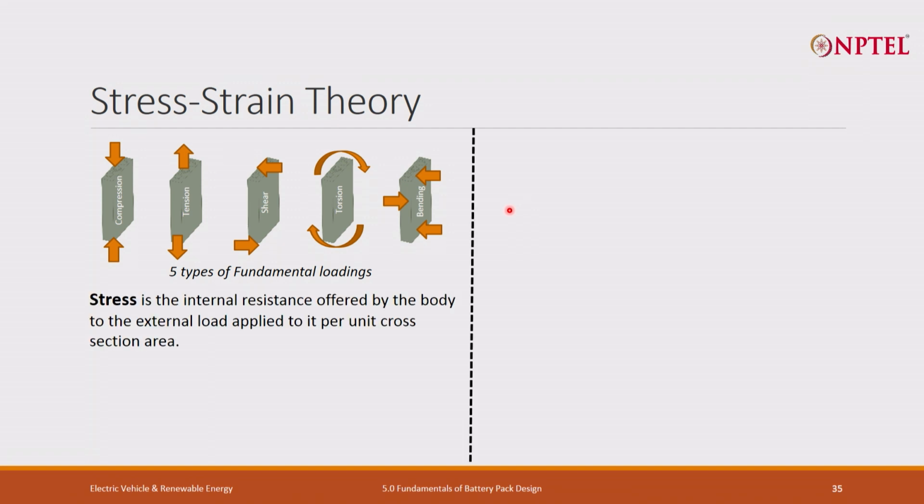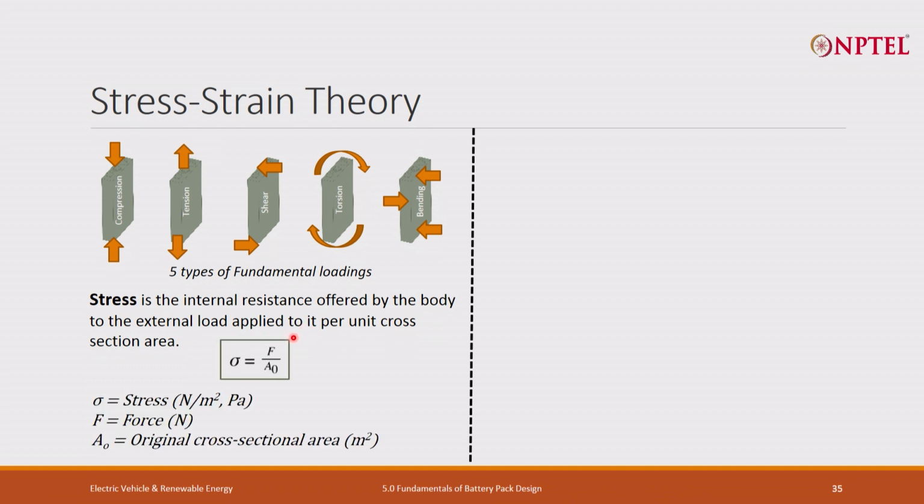Now moving next, what is stress? Stress is the internal resistance offered by the body to the external load applied to it per unit cross-sectional area. Pressure also has a similar definition.